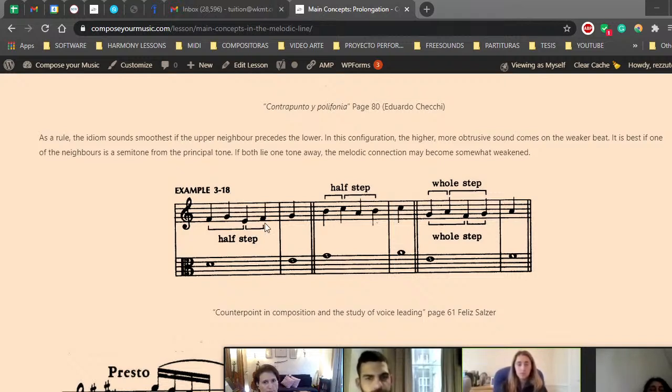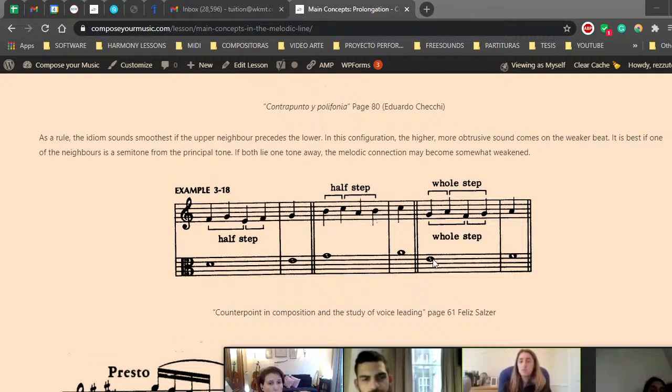It's a good example. In this case, you have G and B, so it's the third. B, C half step, then A is a tone away from B, and is a second away from G. So you have two dissonances, a fourth against a G and a second against a G, and then a third coming back. Another example that is okay.